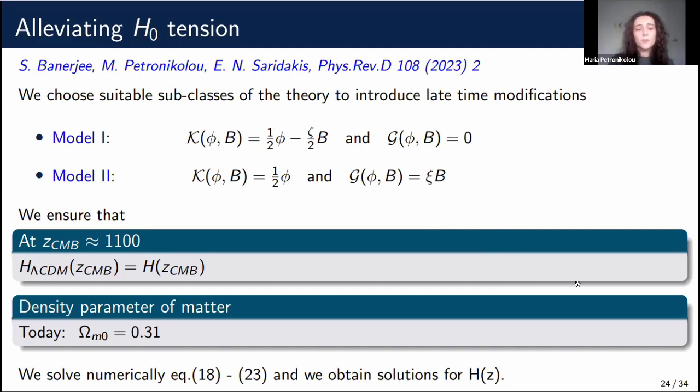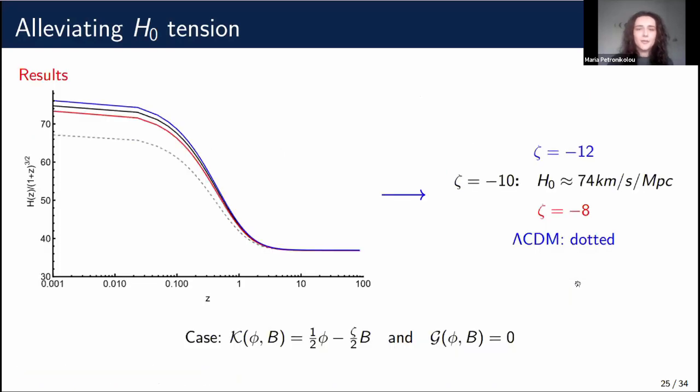We again solve numerically the Friedmann equations and the equations of motion of the scalar fields, and we obtain a solution for the Hubble rate. Here is our first result, for the first model we created. Here again, you see a plot of the normalized Hubble parameter as a function of the redshift.